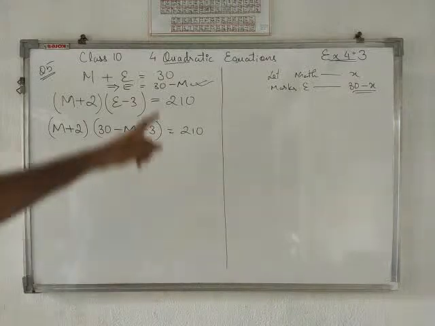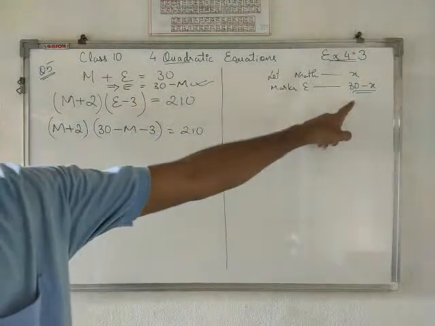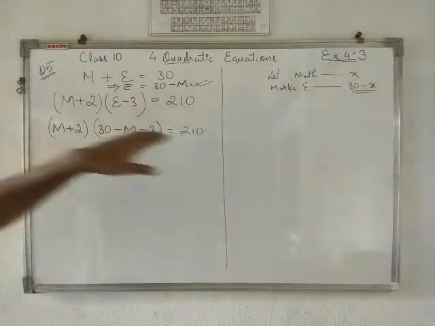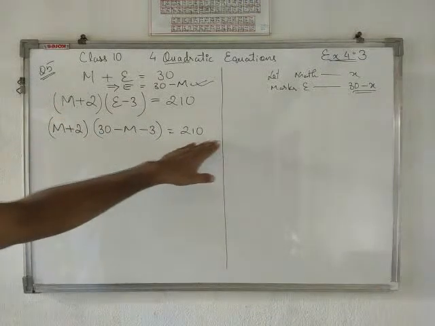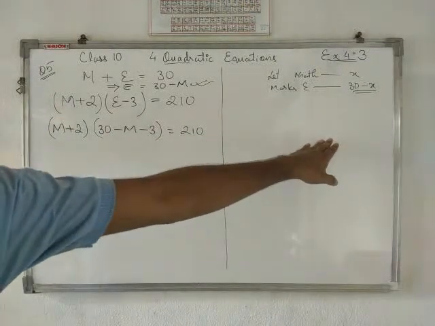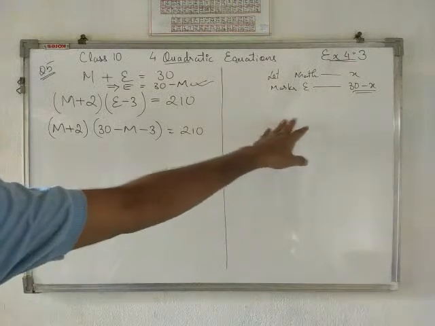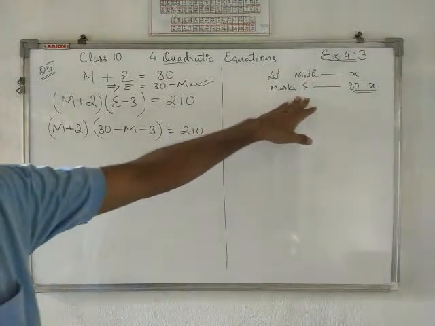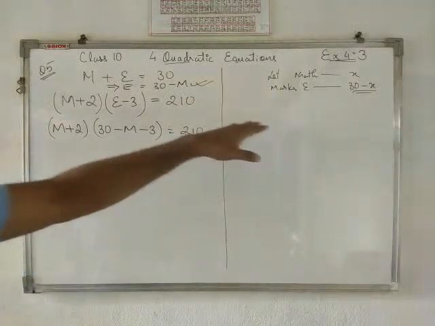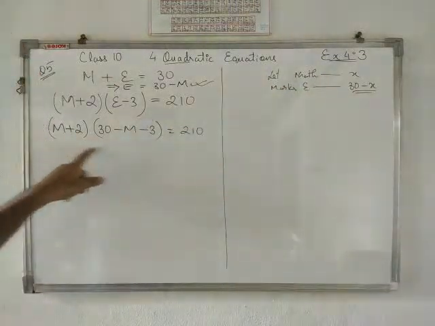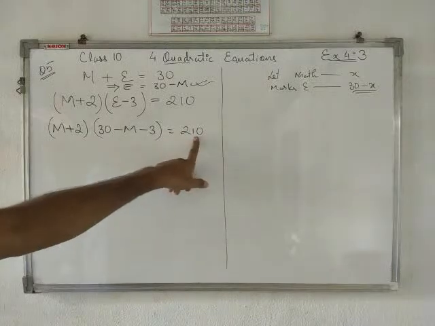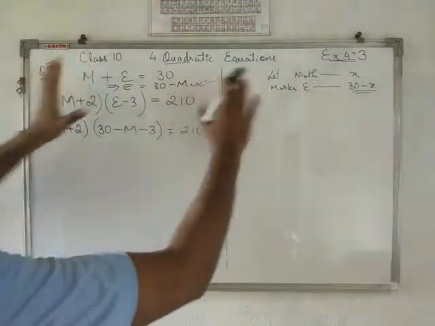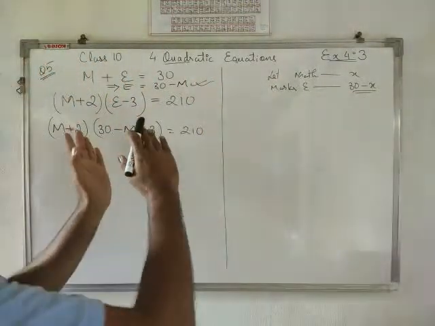Then you find the equation by directly subtracting and adding 2 and 3 respectively, and multiplying. The product is given as 210. So it is exactly the same, just the approach is different.